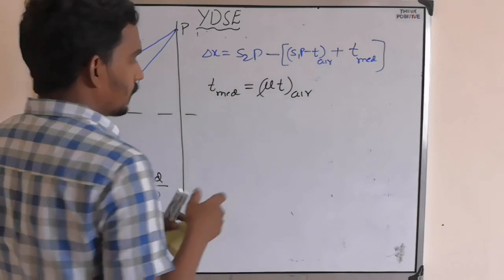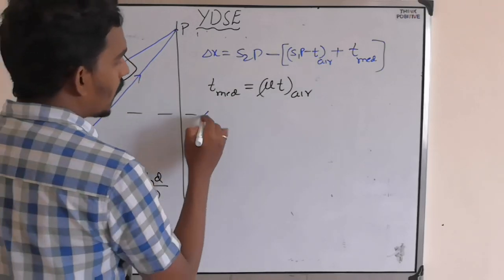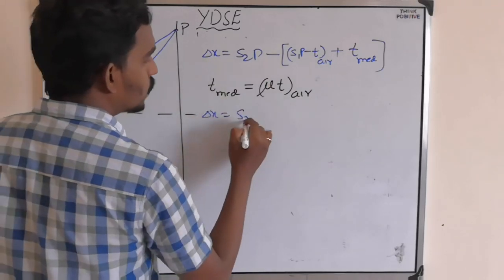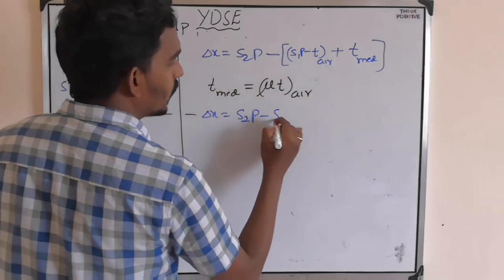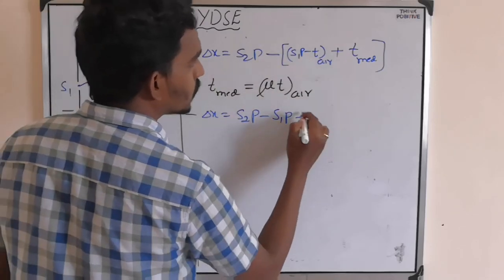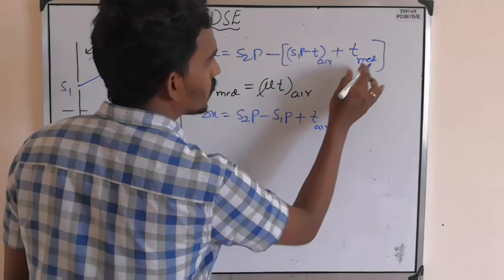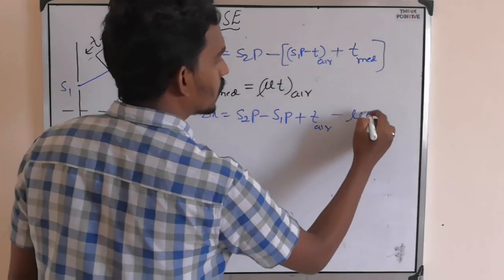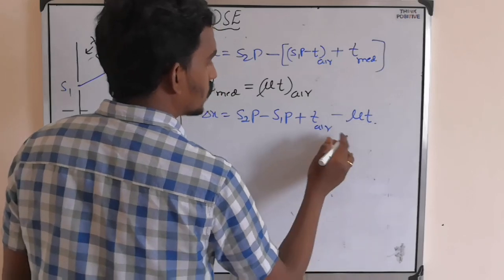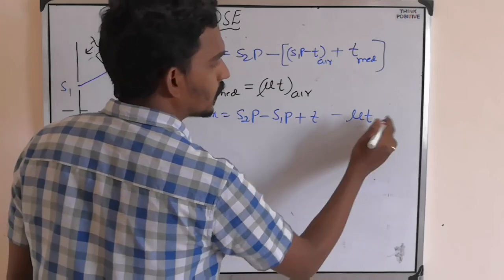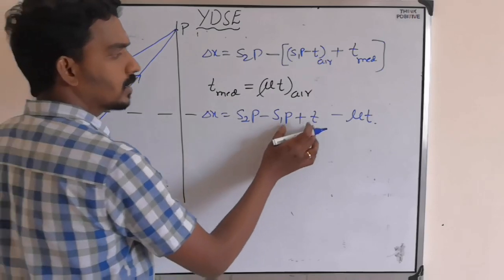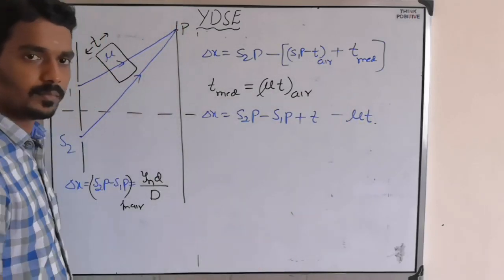So here delta x will become S2P minus S1P, minus of minus T air, plus T medium, which is nothing but mu T. So this complete will become air. I am not mentioning it. This is air now, this is air.